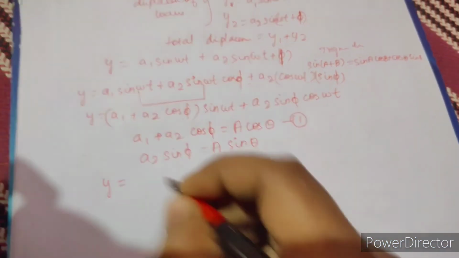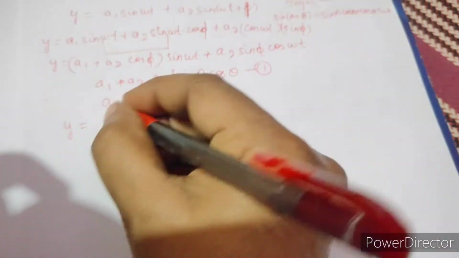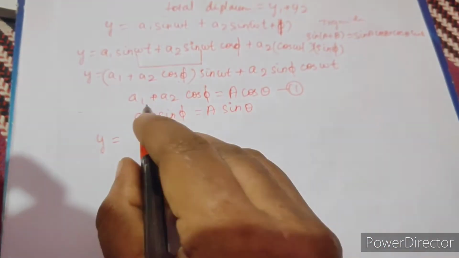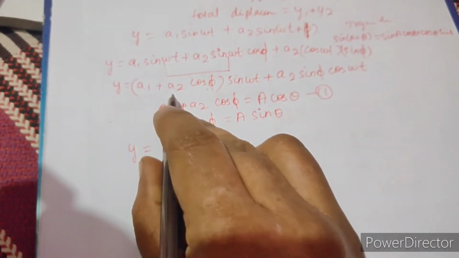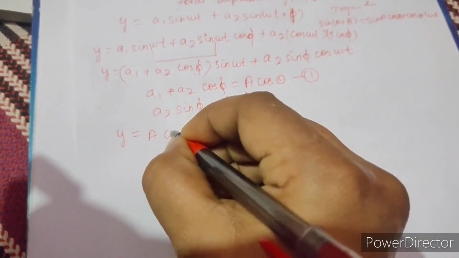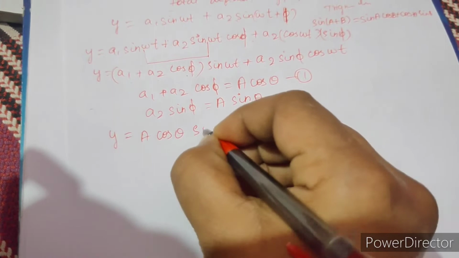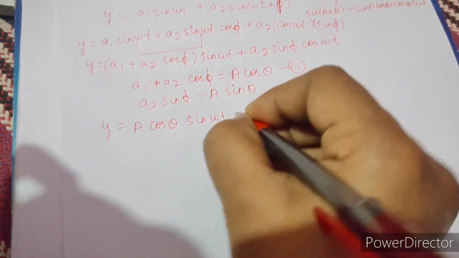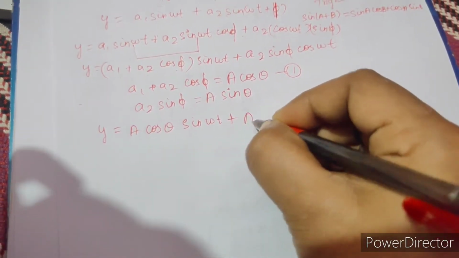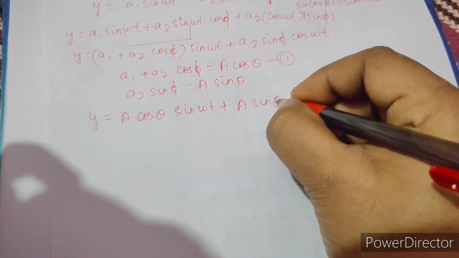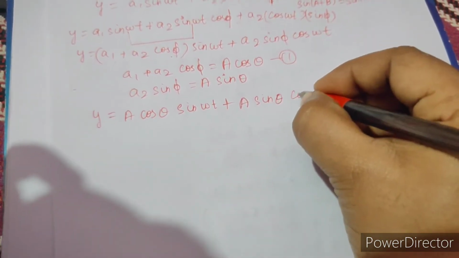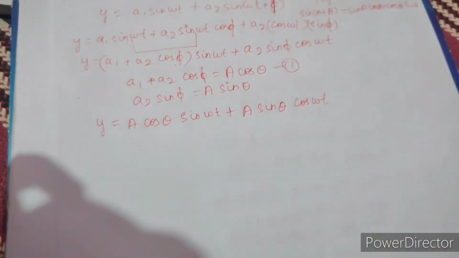So y = A cos θ sin ωt + A sin θ cos ωt, instead of writing a1 + a2 cos φ and a2 sin φ.